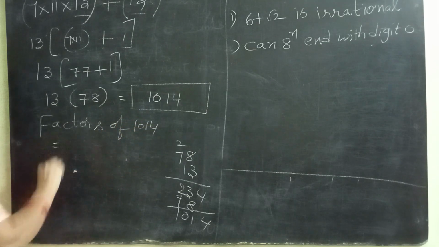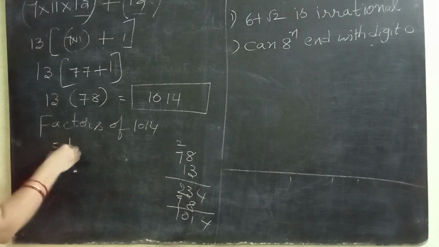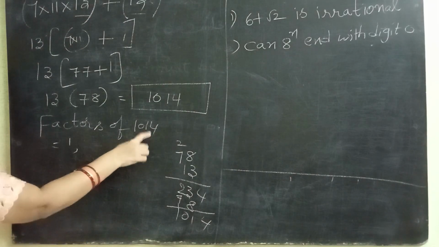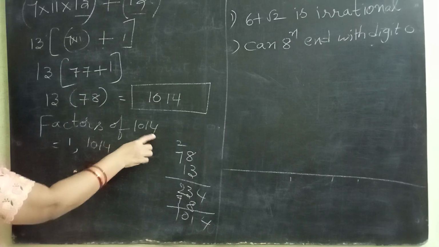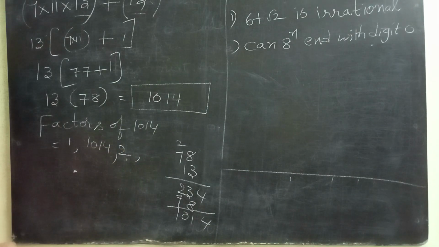1014. Here we have so many factors. 1 is a factor, itself is a factor, and in the unit digit you observe 2, so 2 is a factor.